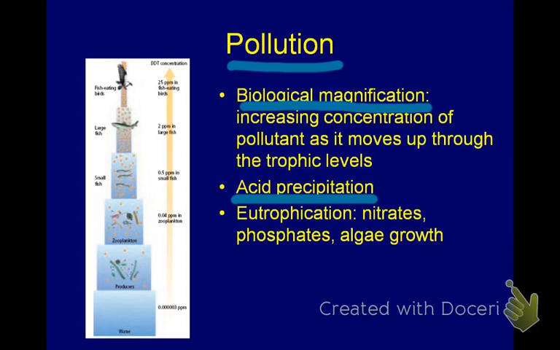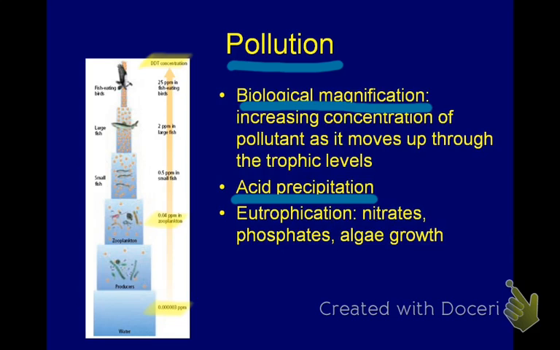So what we see here, this is DDT. This is an insecticide that doesn't really break down for years and years and years. And so it starts out in the water system. The producers take that up into them, and then the zooplankton eat the producers.